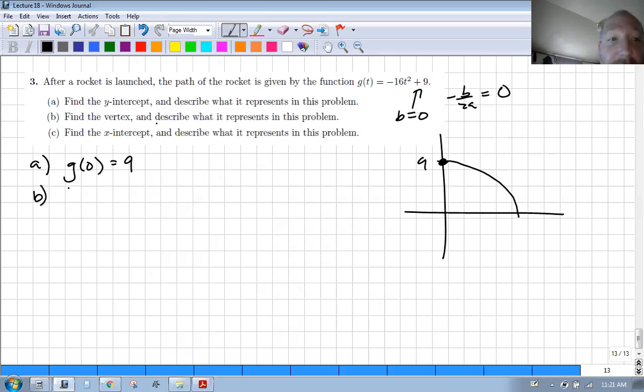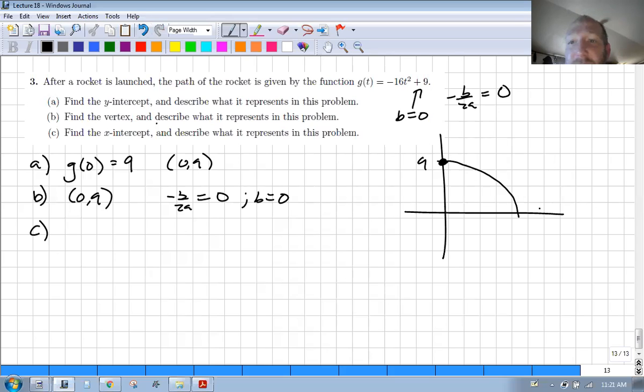So b, the vertex, is the same as our y-intercept, right? Again, negative b over 2a is 0 because b is 0. So the vertex and the y-intercept are one and the same thing. That means it's not going up, it's just going down. It's already at its maximum height.